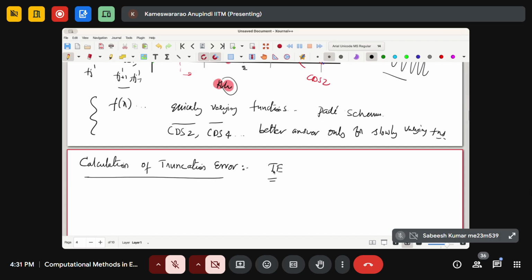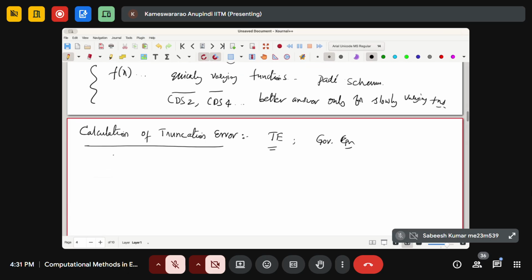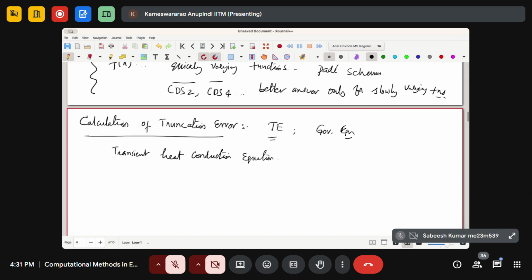So we will take one particular governing equation, let us say the transient heat conduction equation. I don't know whether you remember it.